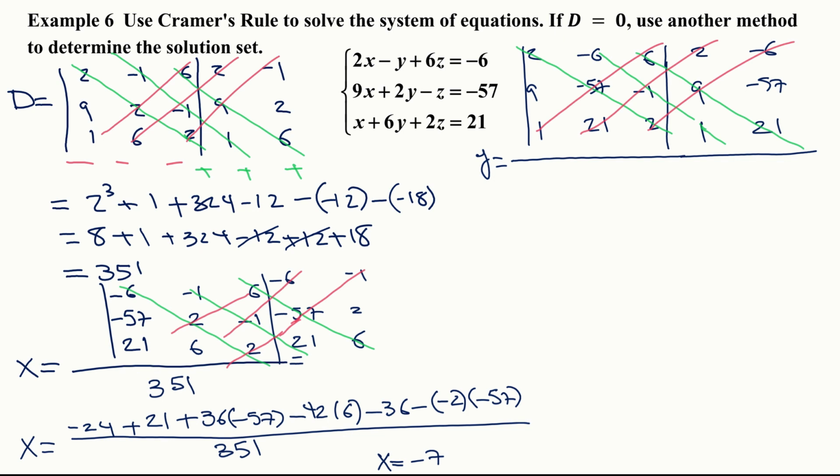Okay, so now that we know what the denominator is, the bottom matrix D is 351. So that's one of the good things about calculating that to begin with anyway, because instead of having to keep writing this determinant, we can just write the number. All right, so we end up with y equals, here we have 4 times negative 57.